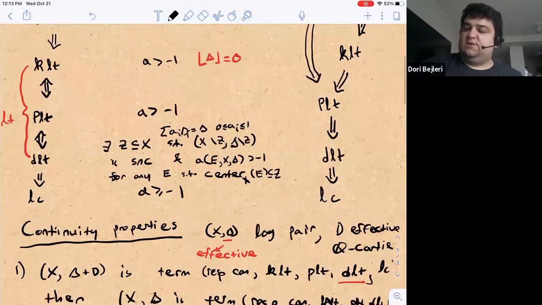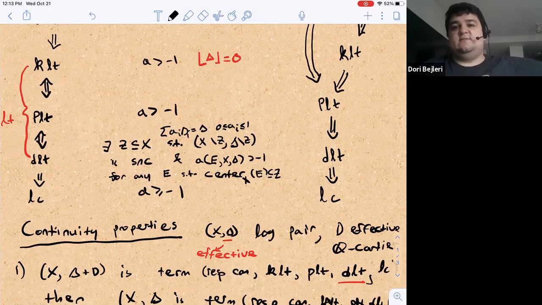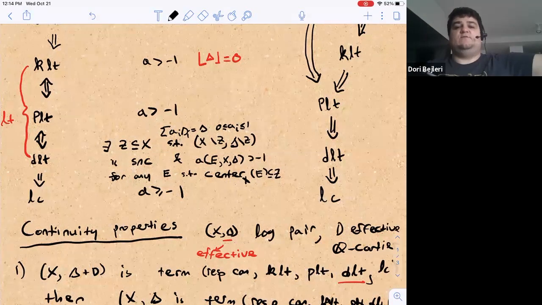But for PLT and DLT, you need to be a little careful because you might have some coefficient with divisor 1 and you can't add anything to that divisor without making negative discrepancies. Essentially because of that example where we showed that if you have a divisor whose coefficient is strictly smaller than -1 in the discrepancy, then you actually have discrepancies that are minus infinity. So as soon as you have this divisor that has coefficient 1, which is allowed in the PLT and DLT case, you have to make sure that you're not adding anything to it.